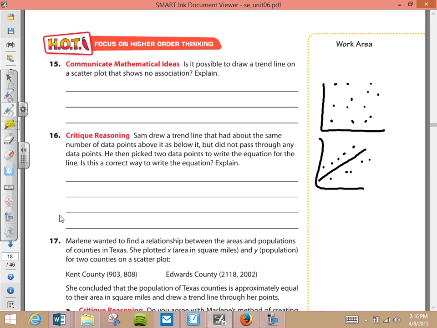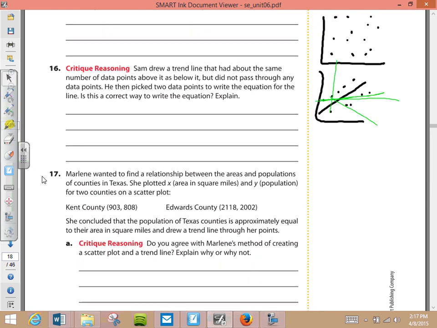If you randomly selected 2 points, you could have selected these 2. Is that the same direction as the line? No. Or these 2. Not. And then these 2, that wouldn't work either, right? That's why it's important to stay on the line. Do not select the points randomly. Select whatever is really close to the line or any intersection at the line. So yeah, he was wrong for that.